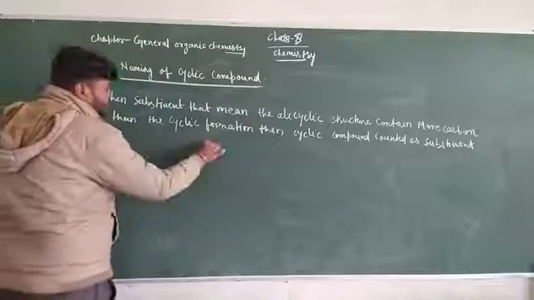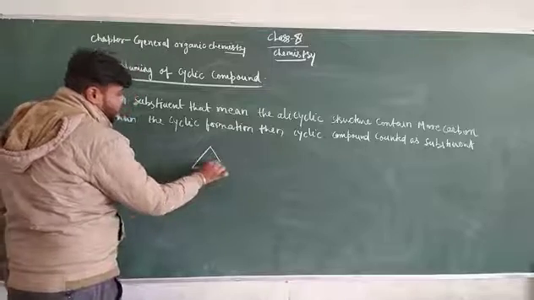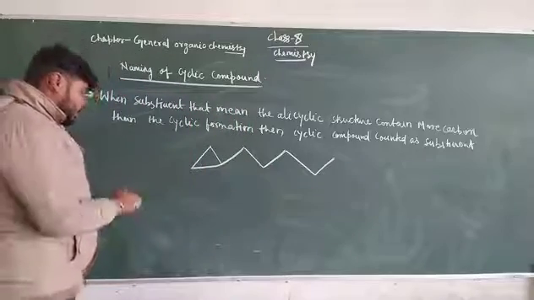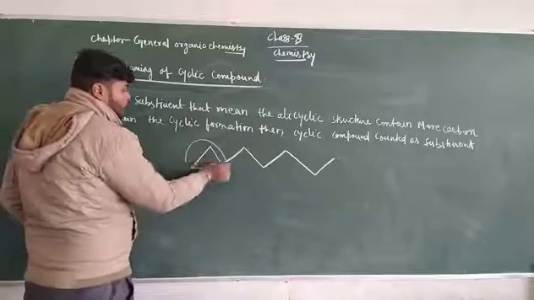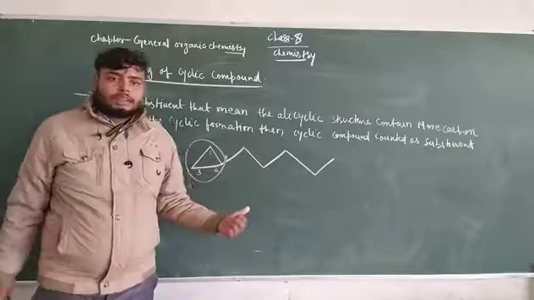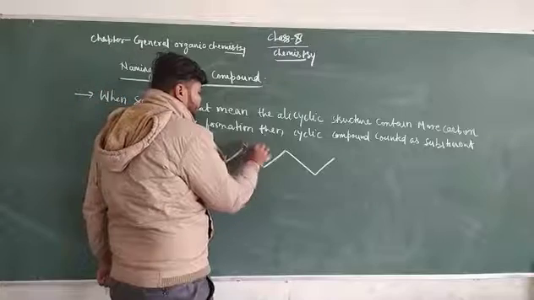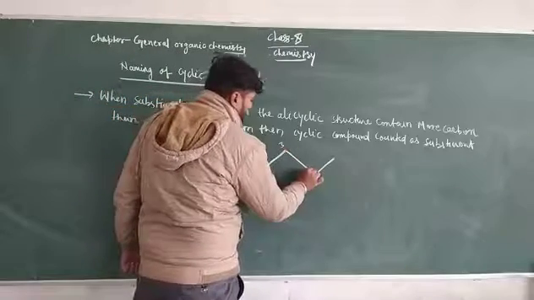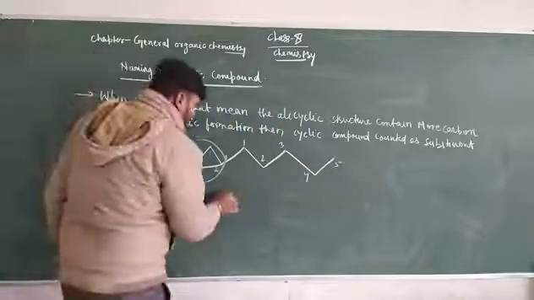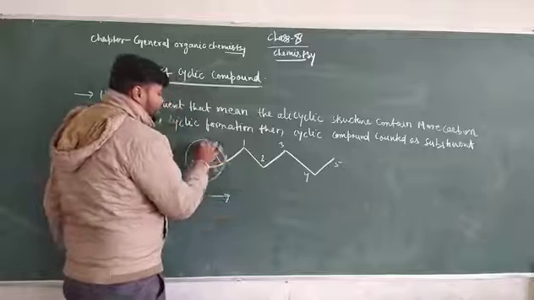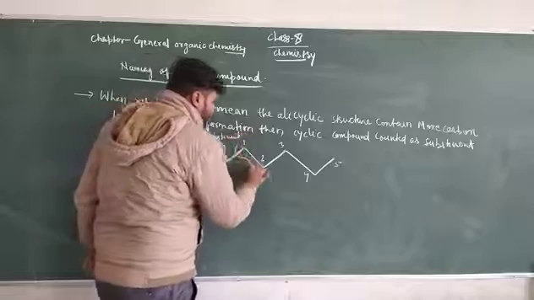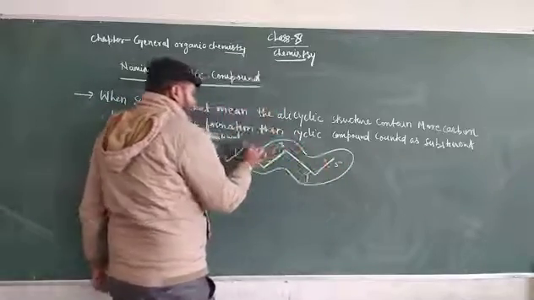Just like this is the example here. This is our cyclic formation having 3 carbons. This is a cyclic structure having 3 carbons, and we number the chain 1, 2, 3, 4, 5, which contains 5 carbons. The cyclic part becomes the substituent, and this is our parent chain.